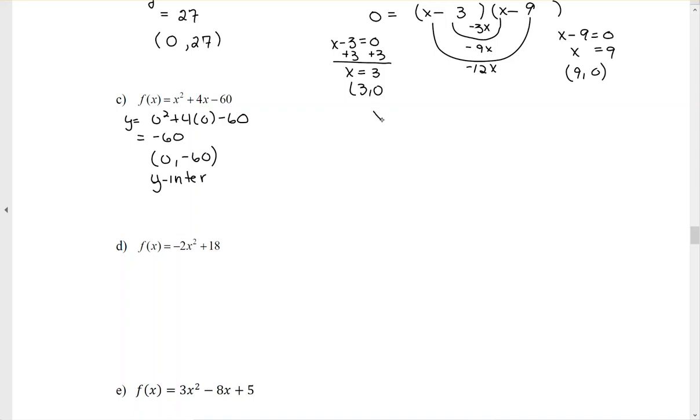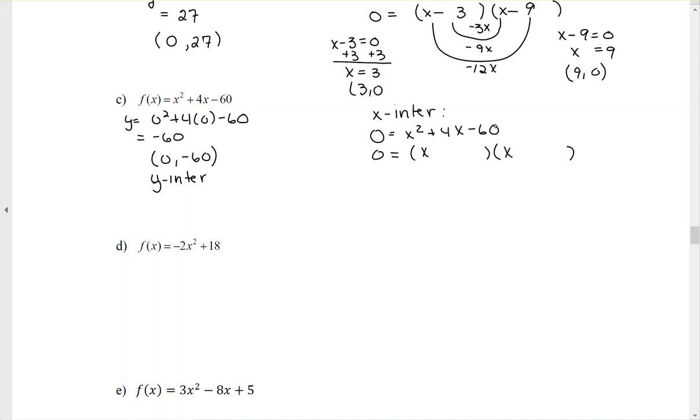For my x-intercept, you let the y value, or f of x, equal 0. And then again, look to see if there's a common term that you can factor out. Since it's 3 terms, again, I'm going to try the reverse FOIL method on it, since there was no number to factor out.